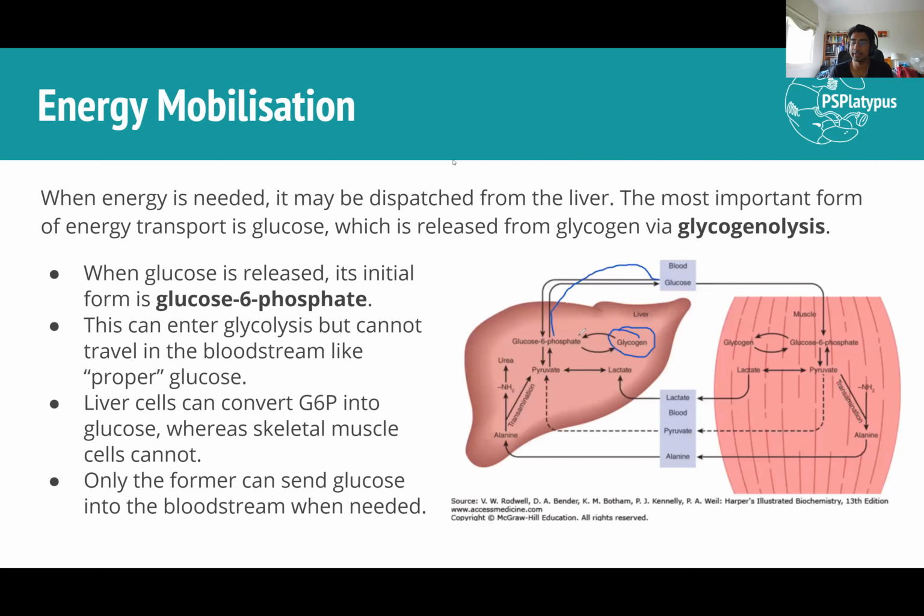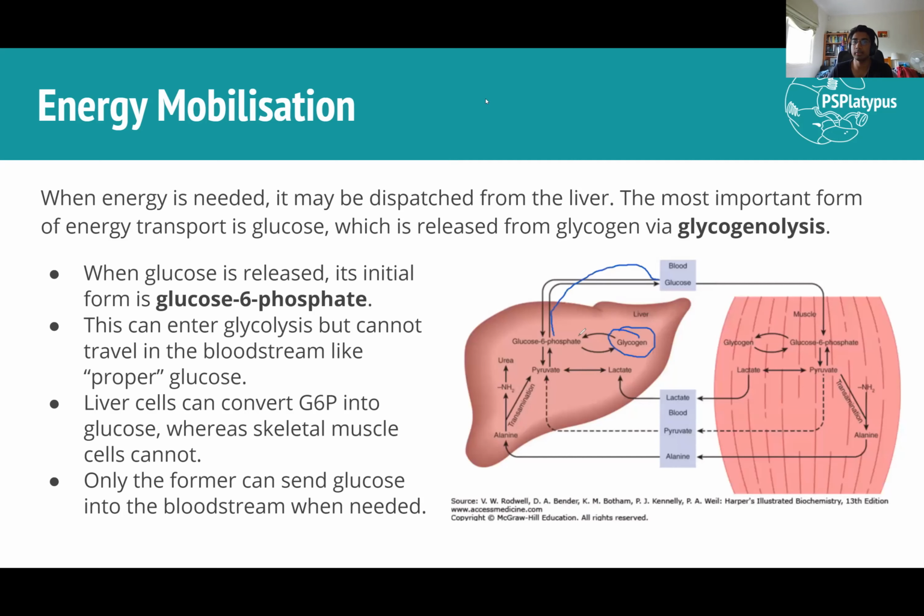So our liver cells are able to take glycogen, break it down into G6P, and then break it down further into glucose, and then put that into the bloodstream. So when we want to mobilize sugar and actually increase our blood sugar, then we need to call the liver, because these are the ones that are specialized to be able to send glucose all throughout the body.